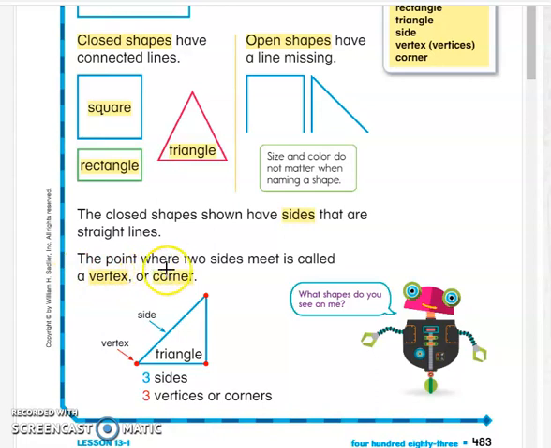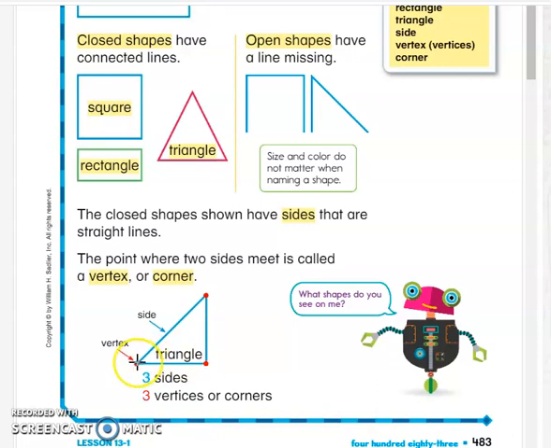It says the point where 2 sides meet is called a vertex or corner. All right? So a vertex is just one corner. Or if we're talking about more than one, we would call them vertices, or we would say corners. So a triangle, you can see, has 1, 2, 3 vertices, or you could say it has 3 corners.